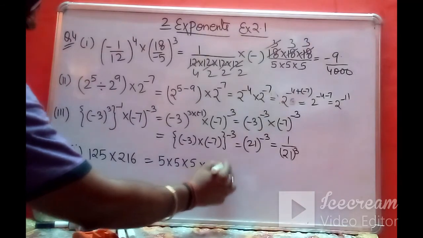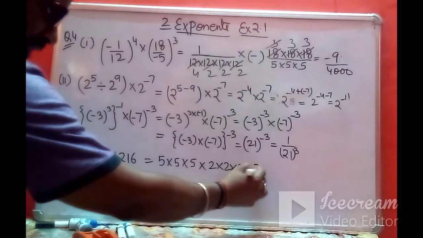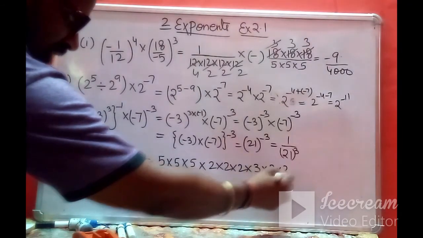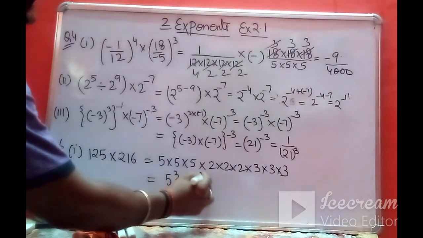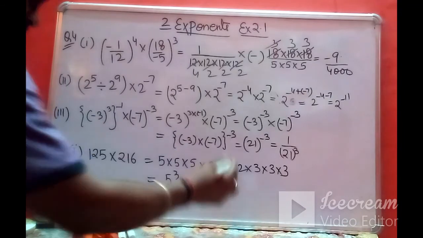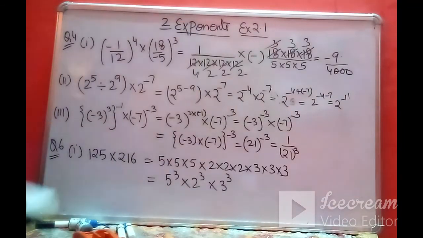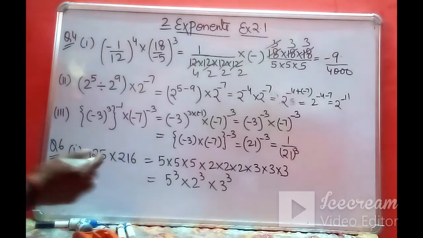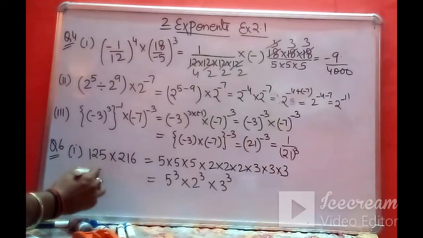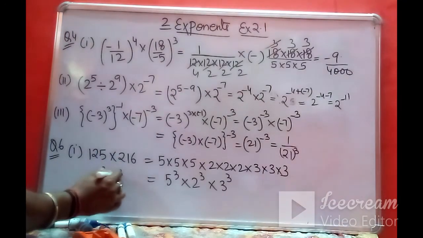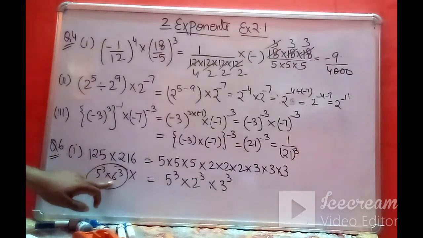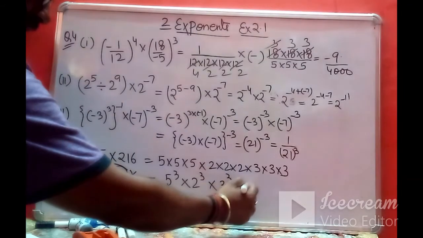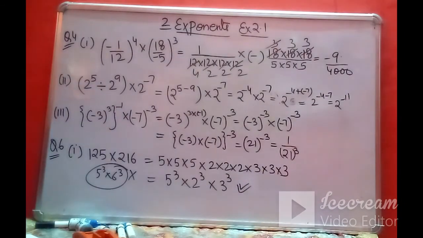Since they have asked us to write in terms of prime factors only, this is 5 cube, 2 cube and 3 cube. Do not write the answer like 5 cube into 6 cube. It is absolutely wrong, because 6 is not a prime number. We have to write the answer only in terms of its prime factors.